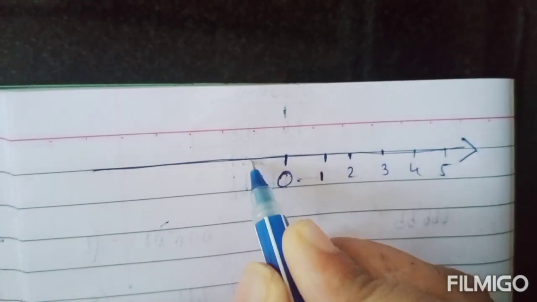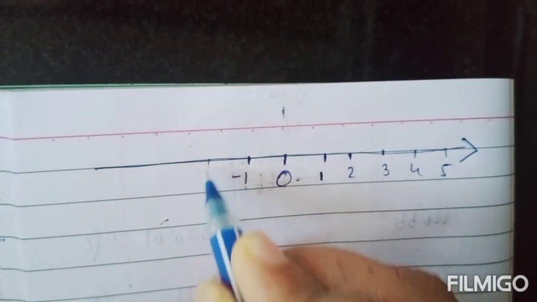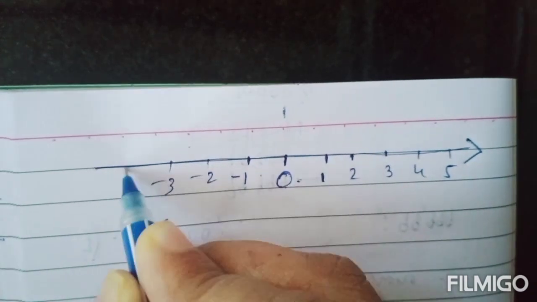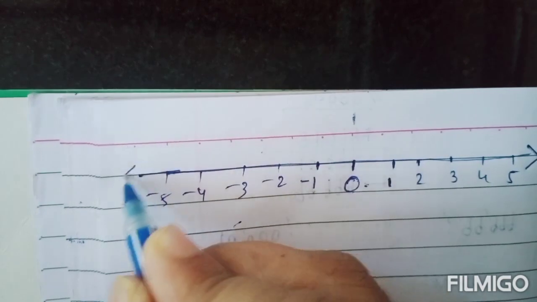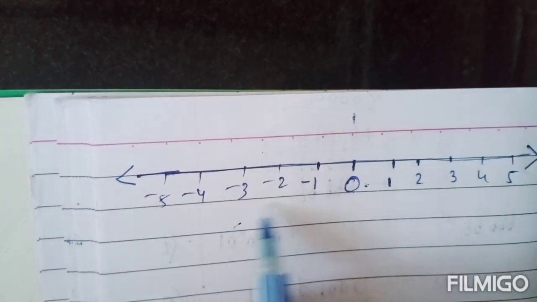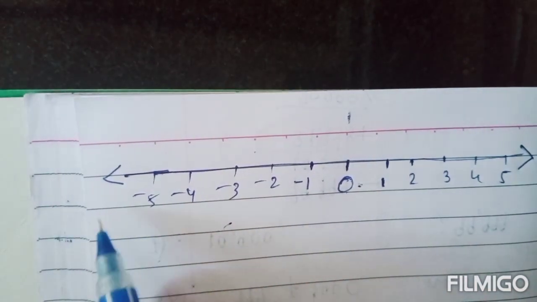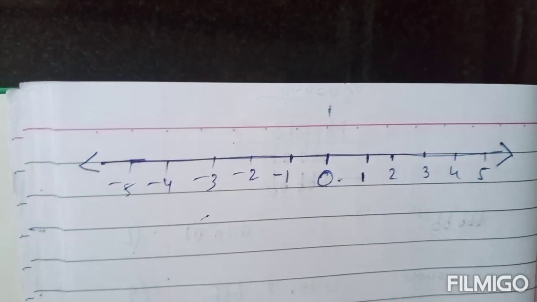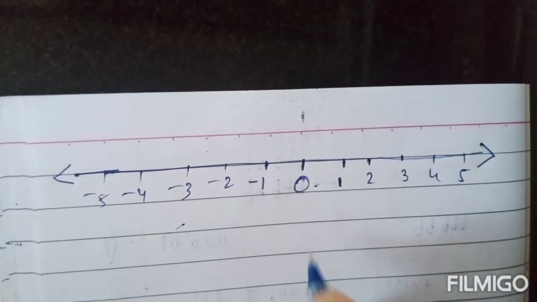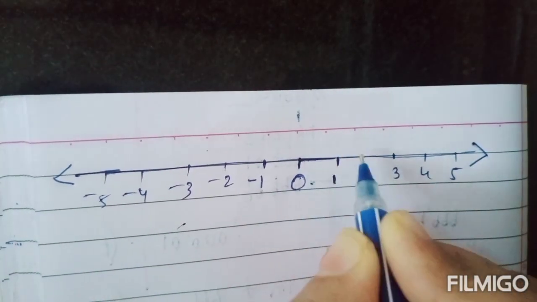Now towards the left of 0 you can mark negative numbers, negative 1, negative 2, negative 3, negative 4, negative 5, etc. Here also it will go endlessly. Negative numbers will go endlessly towards the left side. So this is the number line representing integers, and we have to note one thing here, that these distances should be the same.